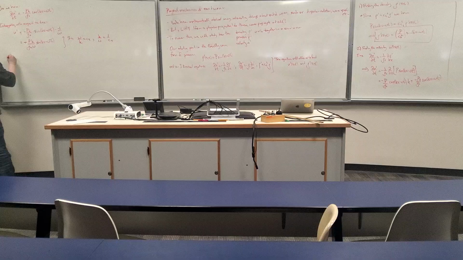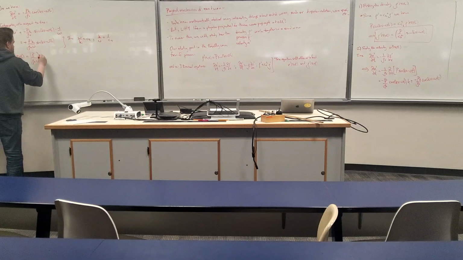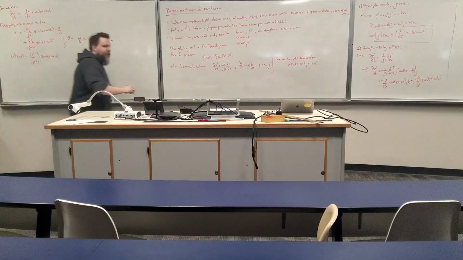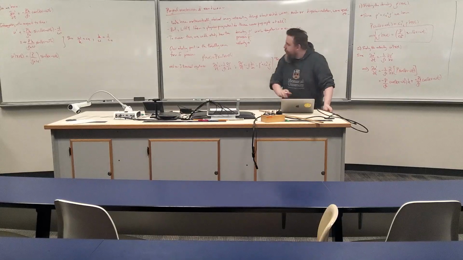And so we can write this as u prime of x and t is equal to p over rho naught c_s times sine(kx minus omega t). Now I should make sure that I actually have the right answer. Looks good.